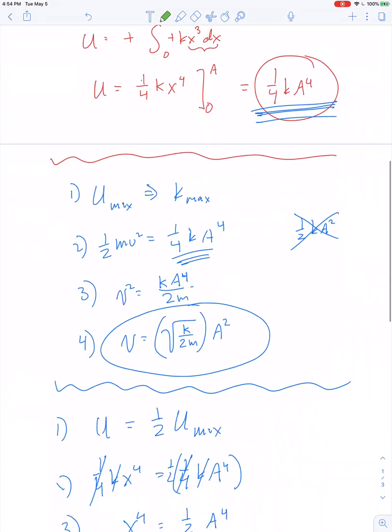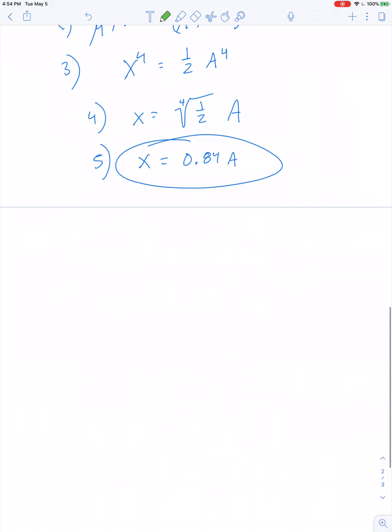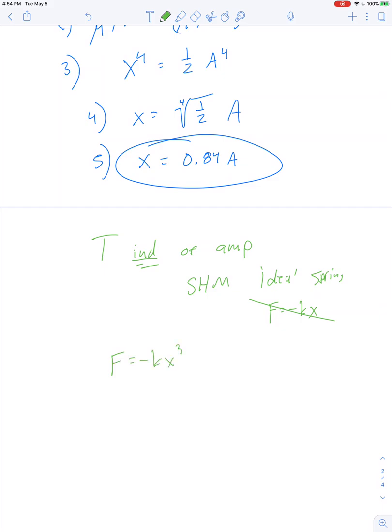Well, for ideal springs, hopefully you know that period is independent of amplitude for the case of simple harmonic motion, for the case of an ideal spring, meaning a spring that's governed by Hooke's law, where F equals negative kx. But that's not the case here. F equals negative kx cubed.